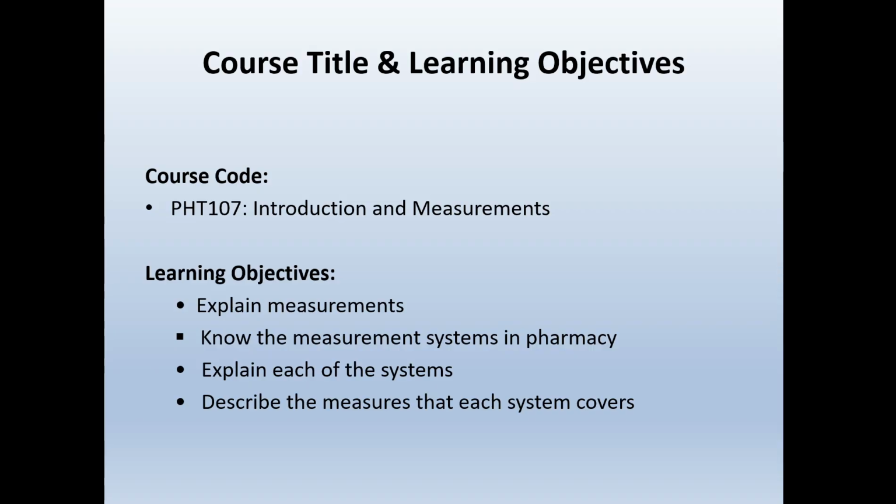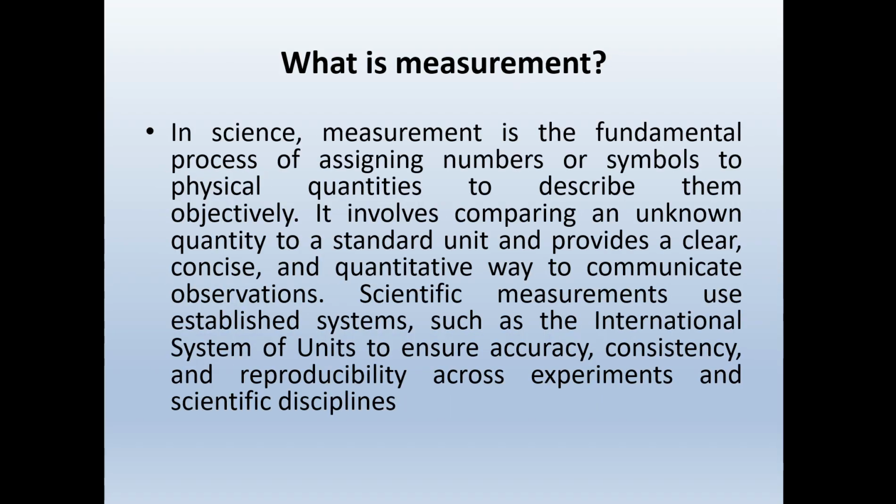Now, measurement, we describe it just in a very simple way. The process of assigning numerical values and unit to physical quantity or property. When you assign a number or a unit to a physical quantity, you have done measurement.